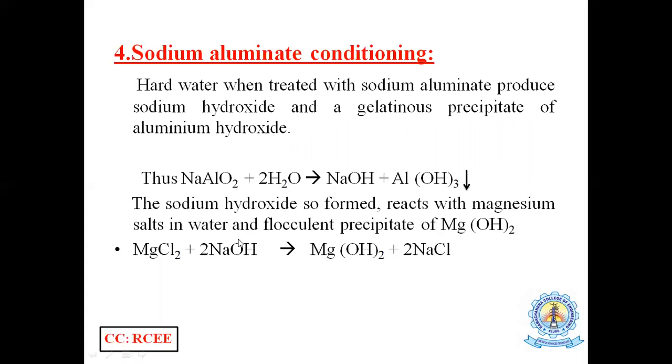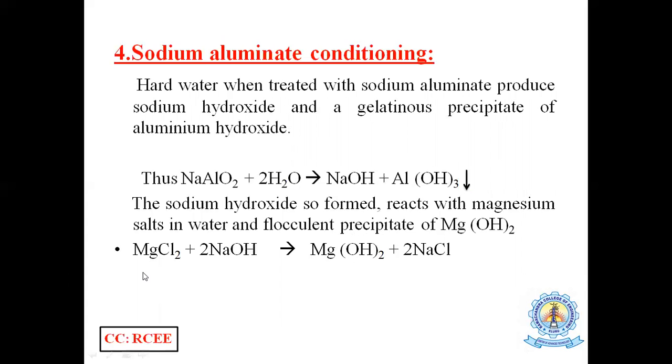This sodium hydroxide reacts with magnesium chloride as well as calcium chloride to form magnesium hydroxide or calcium hydroxide. Magnesium hydroxide and calcium hydroxide are precipitates, which we can observe in boilers and easily filter.